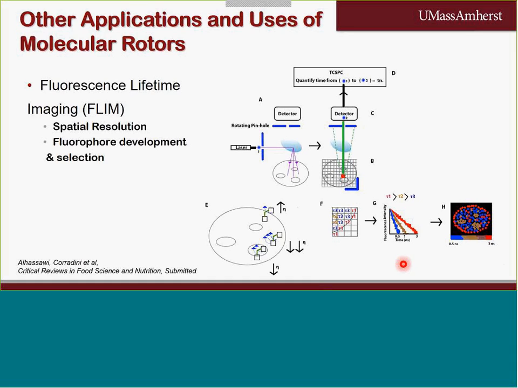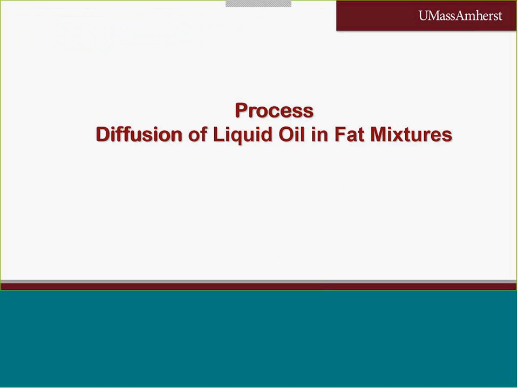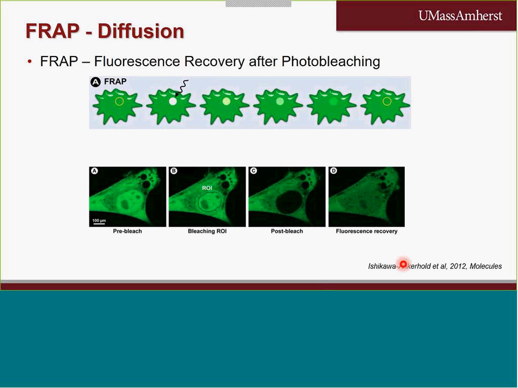Now, other applications that optical spectroscopy can find in foods, for example, in case of following processes, the diffusion of a liquid oil in fat mixtures is something that can be attained using FRAP, which is fluorescence recovery after photobleaching. And the technique is quite simple.